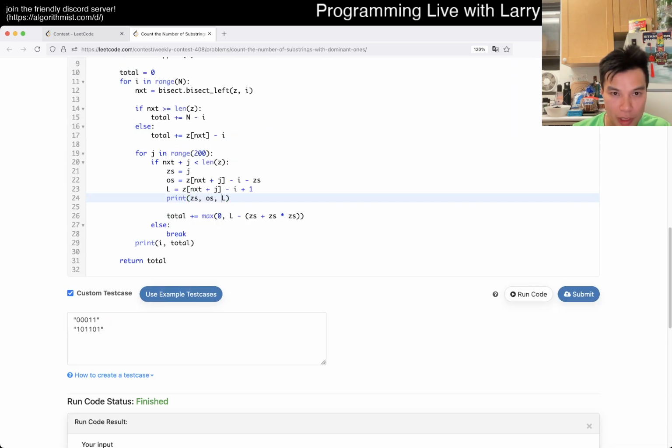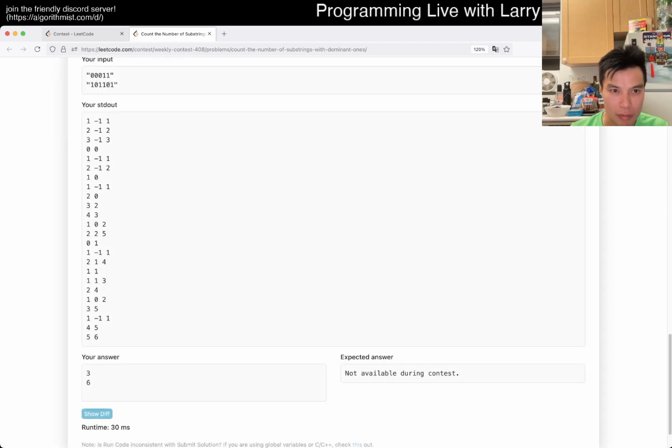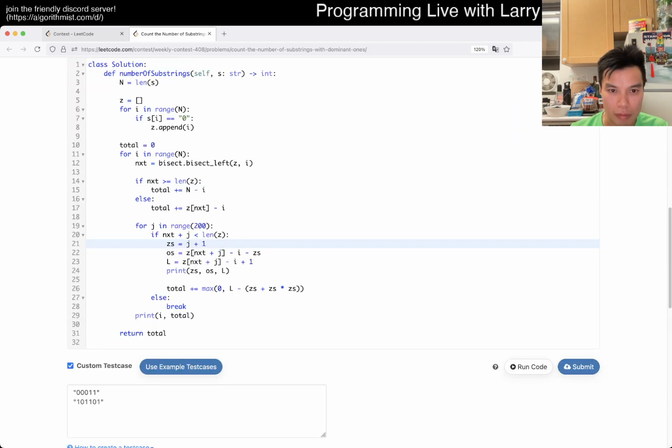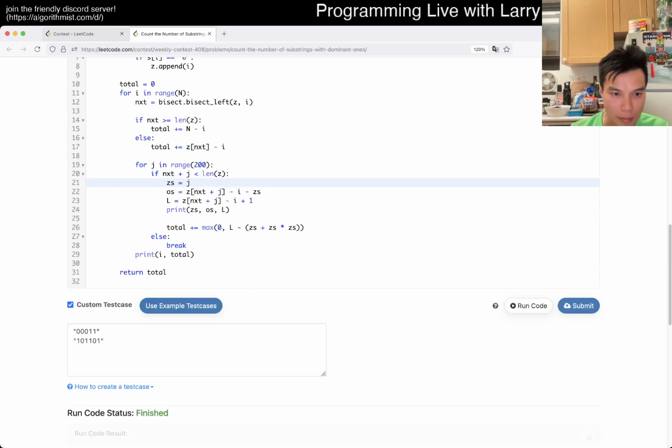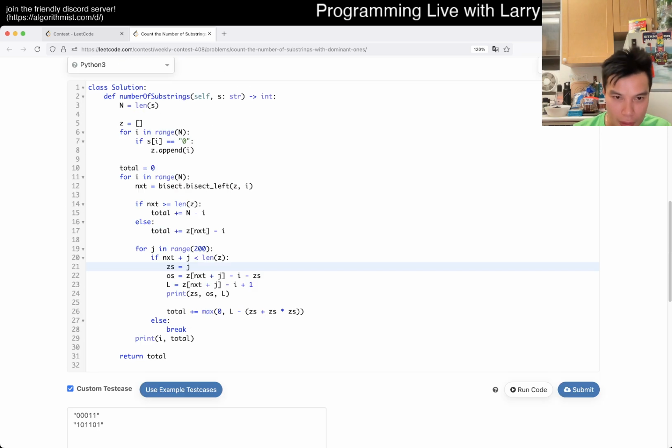Zero, 0, 1. Length is not 1. Length should be 1, but zeros. If this is a 0, then this has a 0, I guess. Yeah. What is this? Yeah, this is length minus zeros, right?